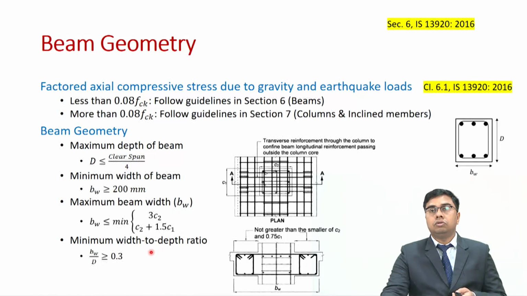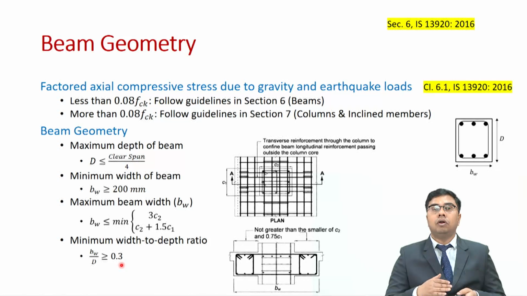Further, the width to depth ratio of the beam is also restricted, and it must be greater than or equal to 0.3. Obviously this value will not be more than 1, because in beams usually the width is smaller than the depth. Why? Because the depth of the beam contributes to its flexural capacity.